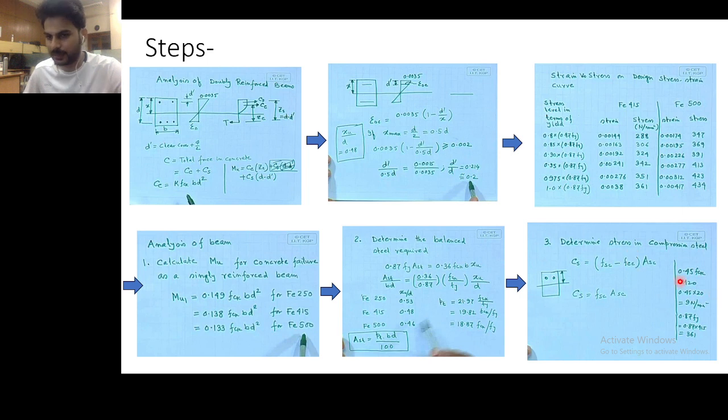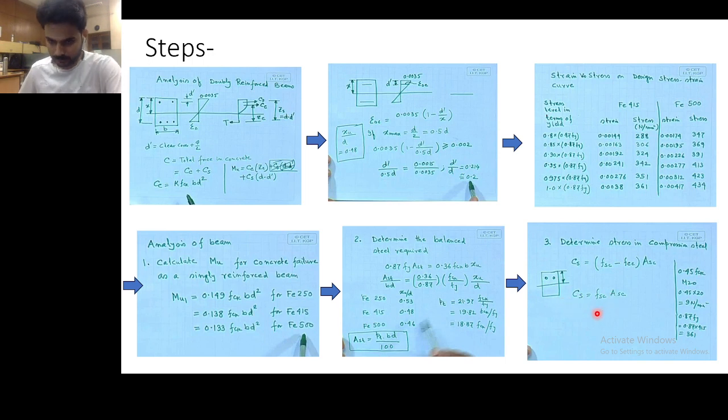Like you can see here, 0.45 fck is the value we put for fcc for the M20 grade, so it is coming around 9. But fsc is coming around 0.87 fy, which is around 361. So the difference is very small and it will not change much. So directly we can calculate CS as fsc into Asc.